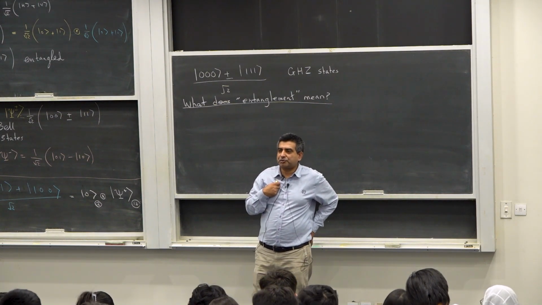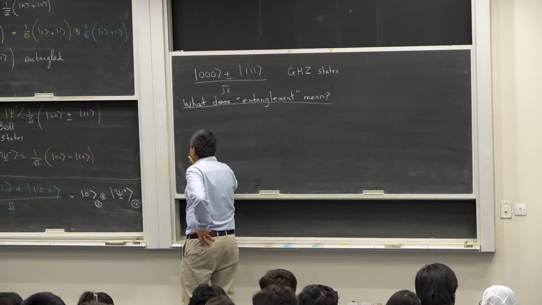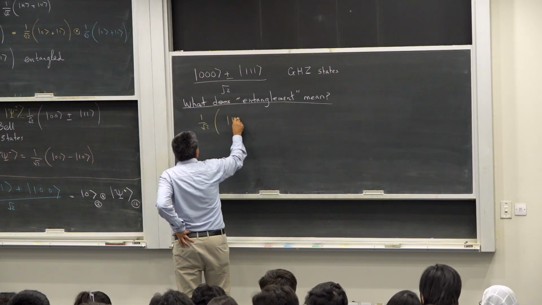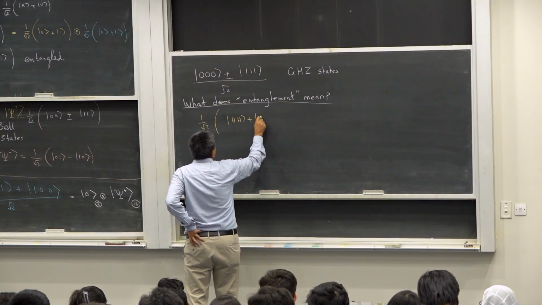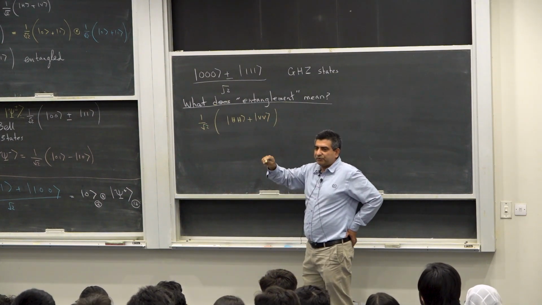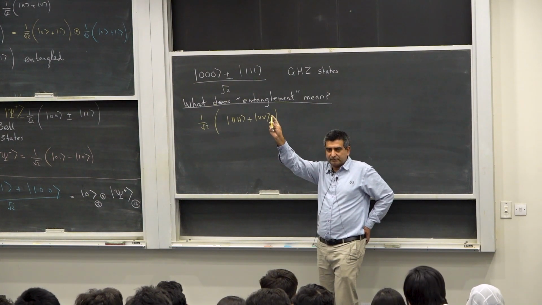One of the possible Bell states is HH plus VV. Right? So this is a Bell state corresponding to ket 0,0 plus ket 1,1. A Bell state, 2 qubits.